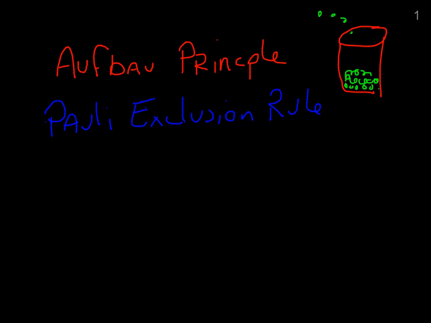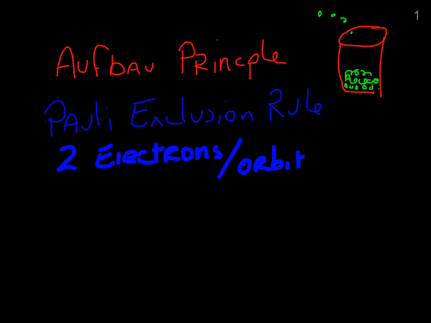So, okay, 2 electrons per orbital. But they must have opposite spins.